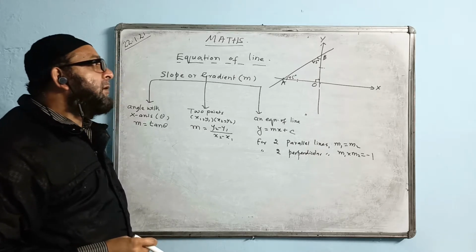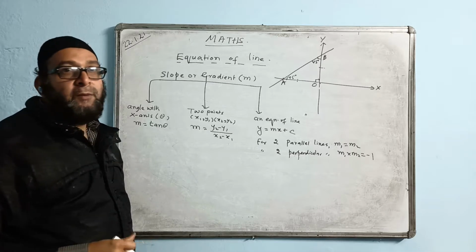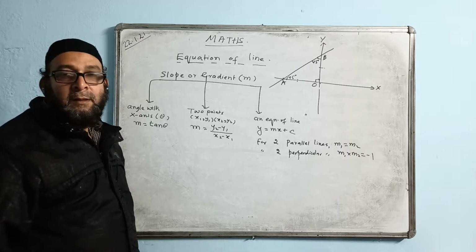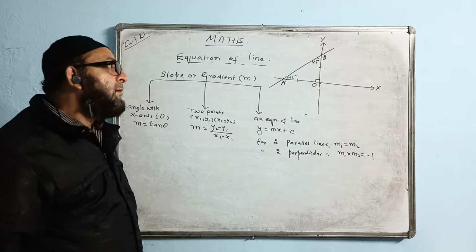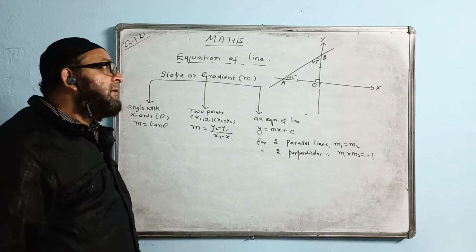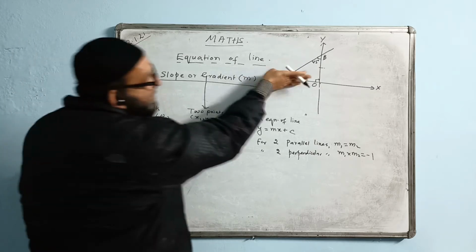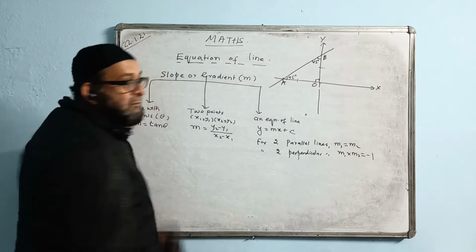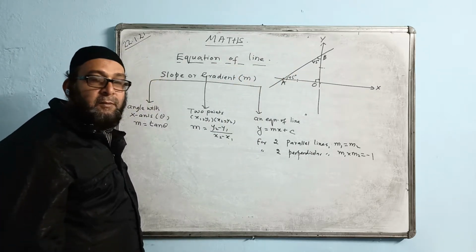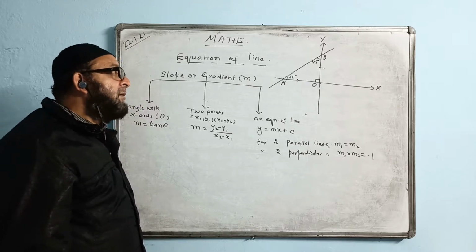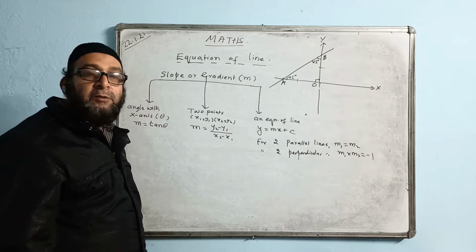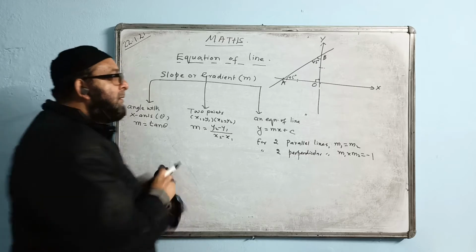How much is the slope value then? m is equal to what formula will you apply? Tan 45, positive or negative? The right side angle is positive, the other side angle is negative, no? Positive tan 45, that is 1. You will say the m value is positive 1.